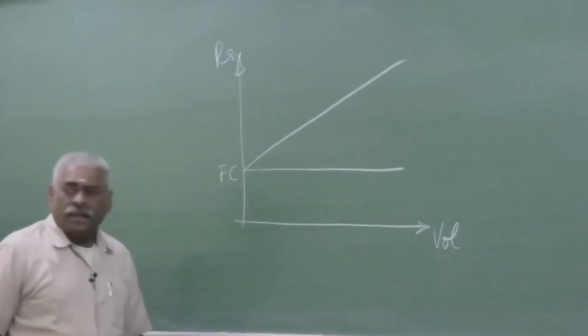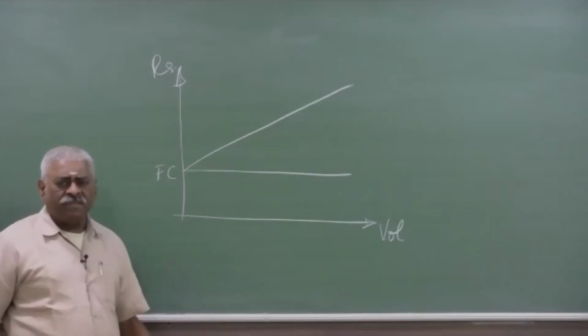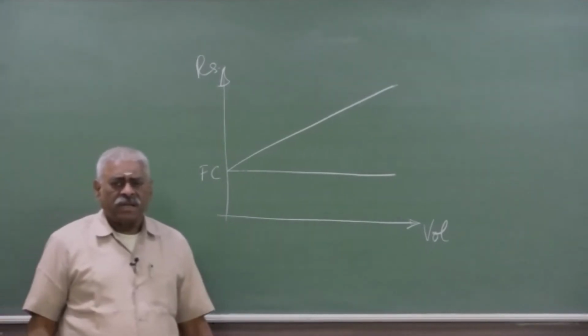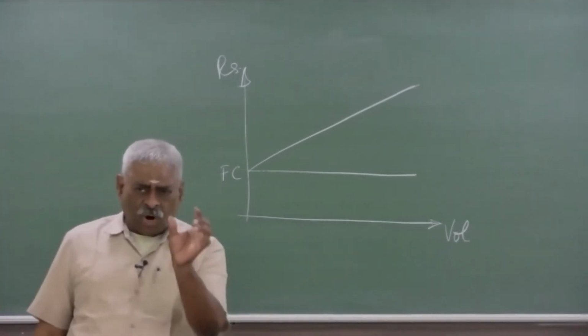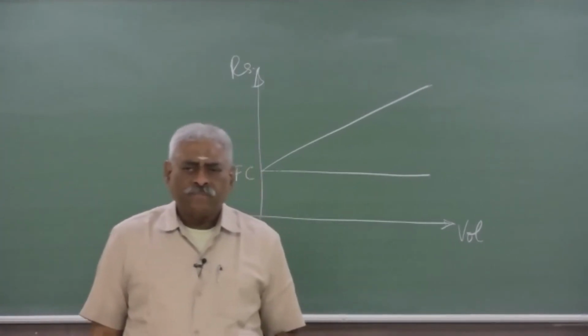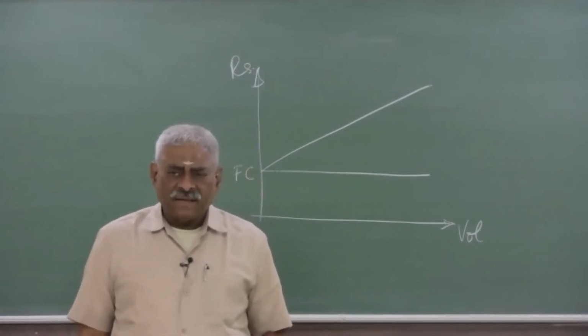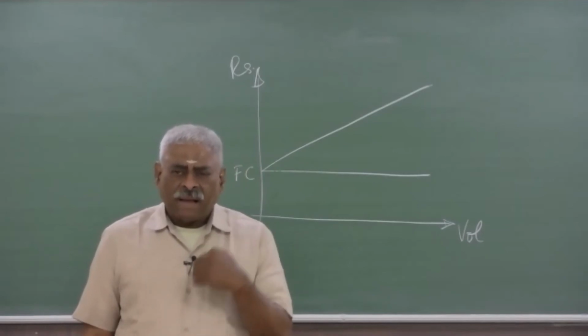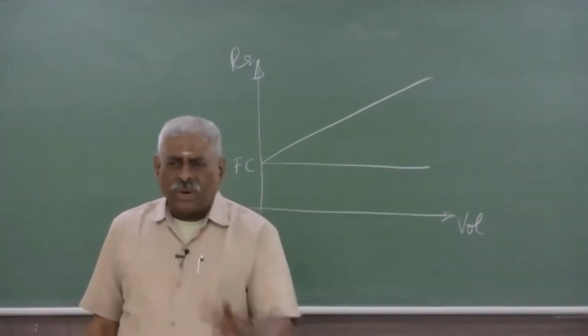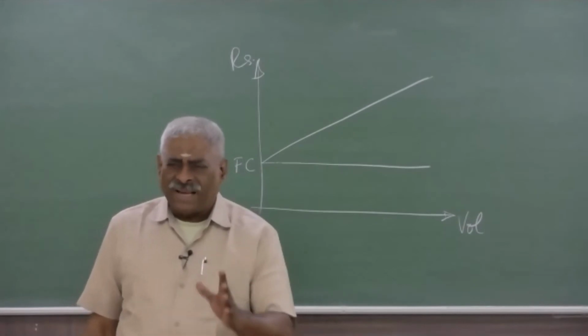Now I'm just giving you an example of fixed cost. Let us say my lecture is being monetized, and let's say I'm being paid. I'm just giving you an example, an illustration.